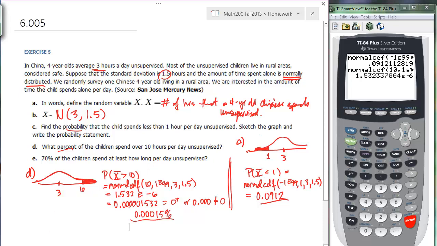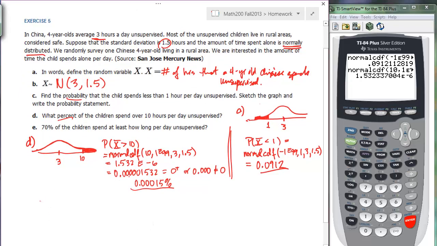In part E, they're looking for 70% of the children spend at least how long per day unsupervised. So what we want to do is shade in a 70% that spends at least how long unsupervised.